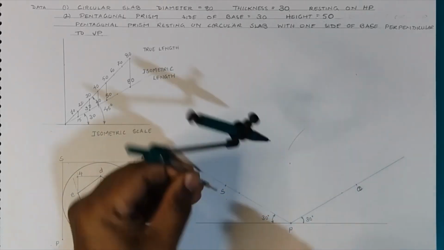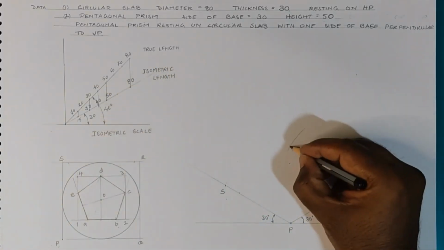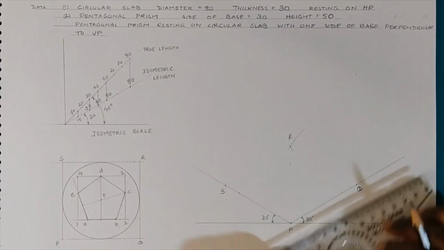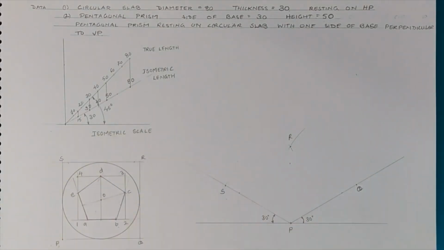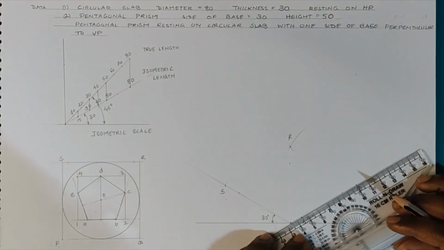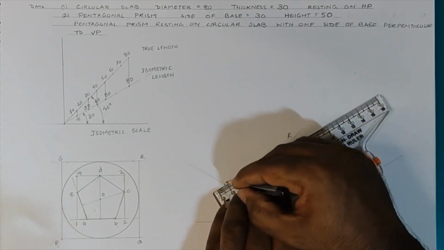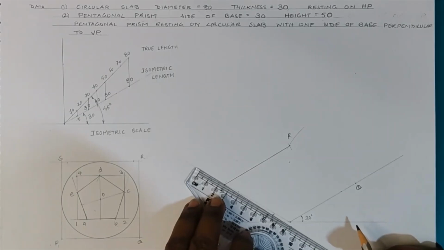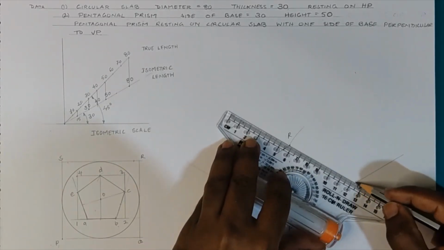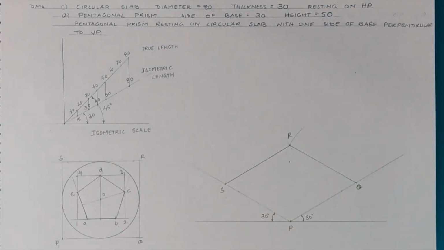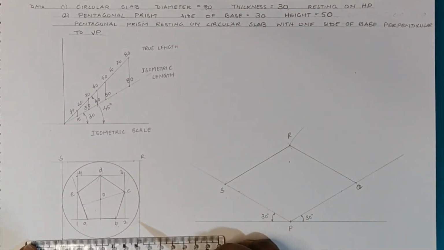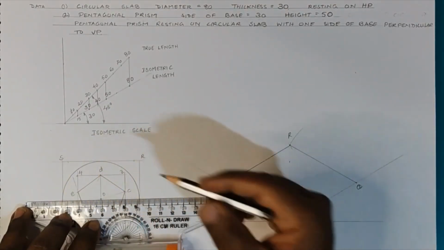I use the same distance from Q and S, and the intersection of arcs gives me point R. So this is the rhombus which I have obtained by transferring the X and Y distances on the reference figure onto the isometric axis.